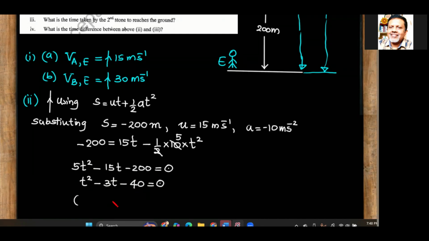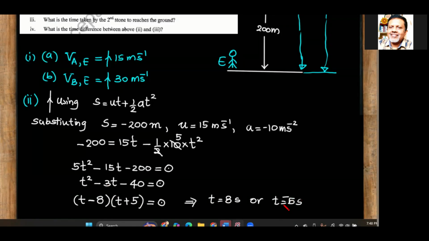Then we can factorize that. t squared will come like t and t. Then 8 and 5 should be here. To get minus 3t, this should be minus and this should be plus. So this is equal to 0. So easily we can factorize it. From this, we can obtain t equals 8 seconds or t equals minus 5 seconds.